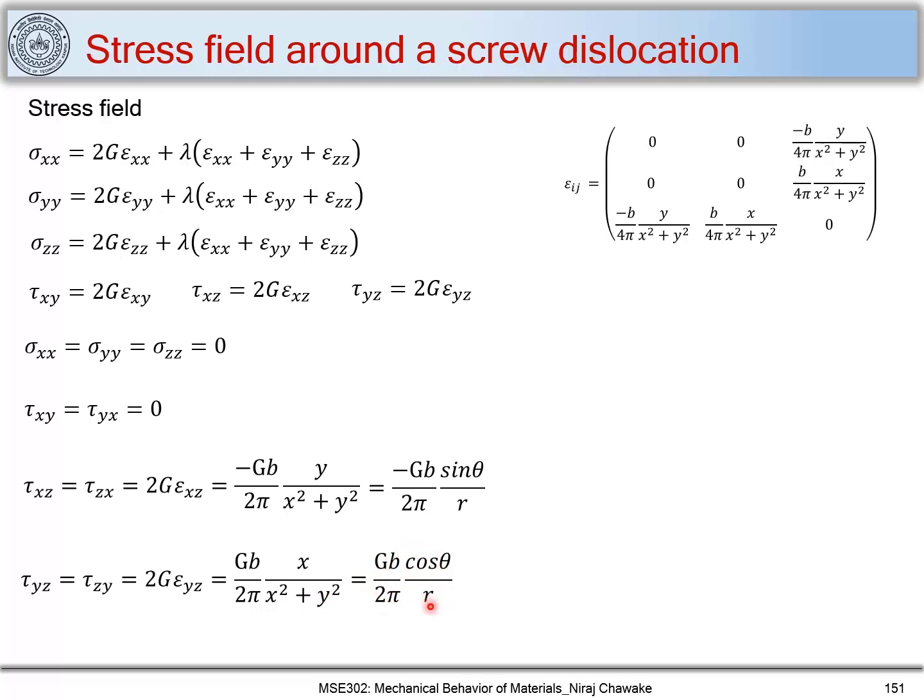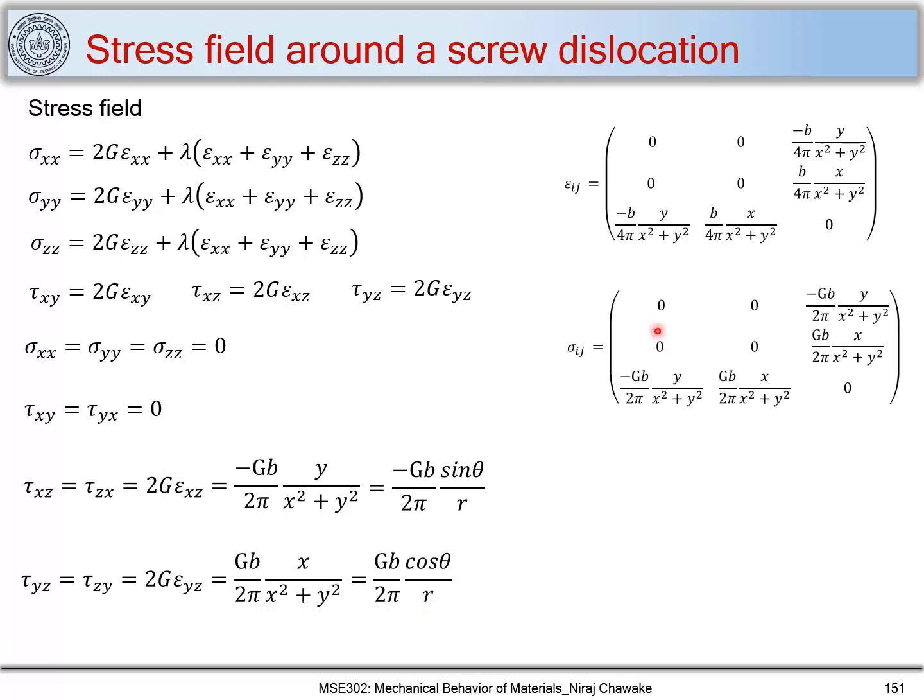Now here you can write the stress tensor, and here you put values of tau xz and tau yz, and you don't have any normal stresses, and you don't have tau xy or tau yx.